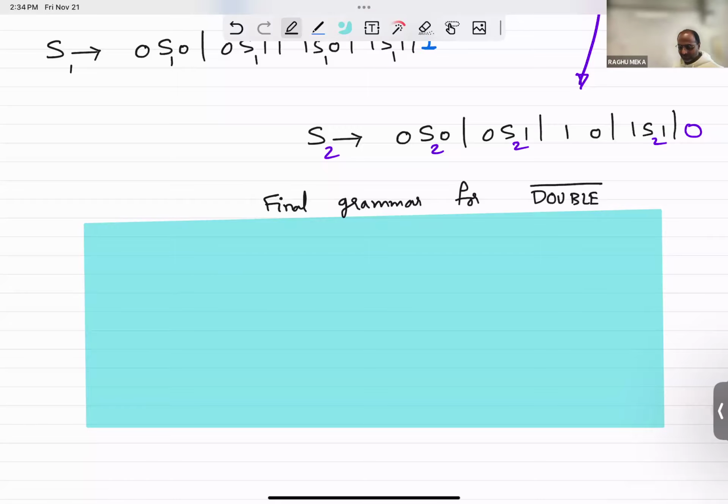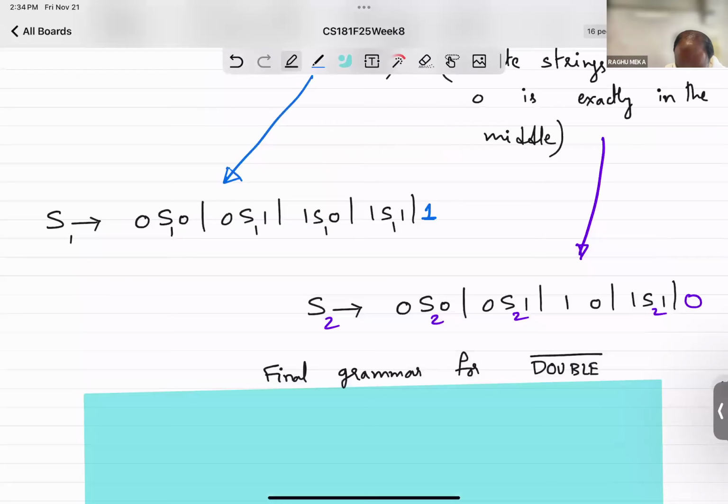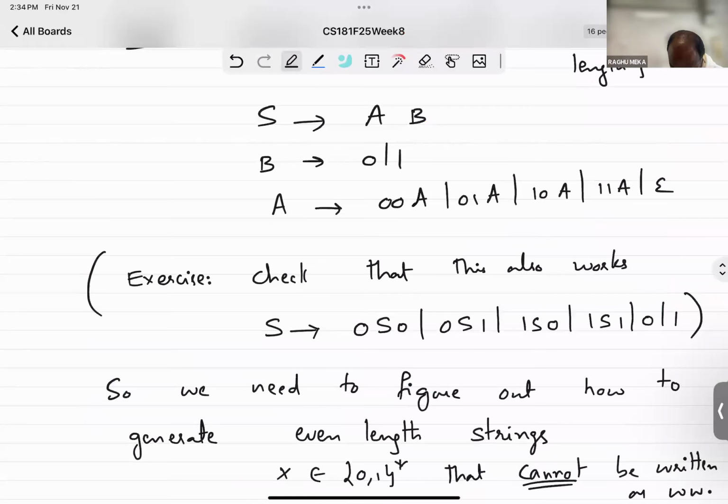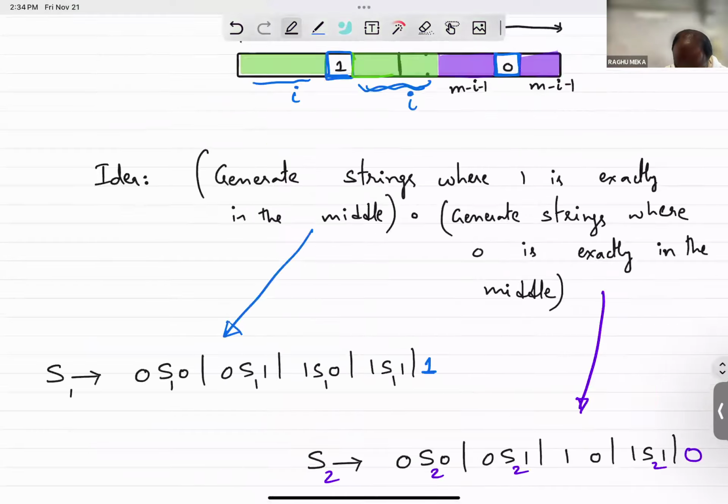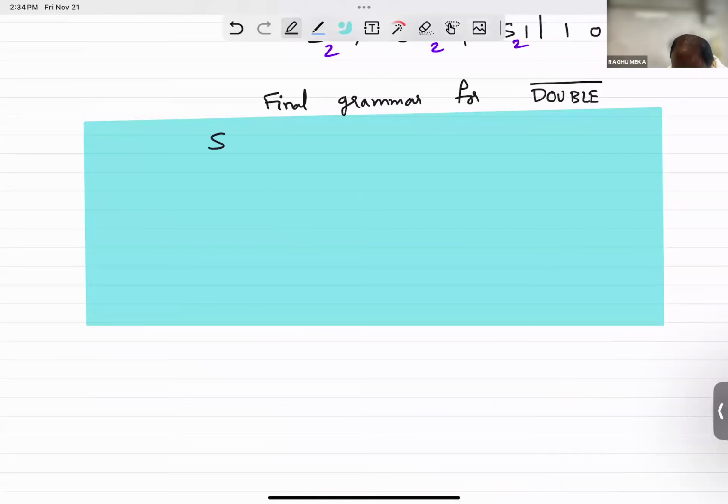Where was our odd part? Let's say this is S odd. So S goes to S odd, S even.